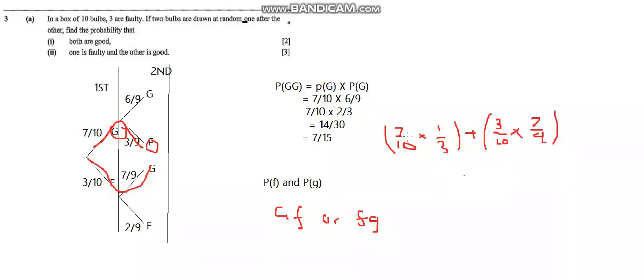So now I have to multiply. 7 times 1 is 7 over 30, plus 3 times 7, we get 21 over 10 times 9, we get 90.